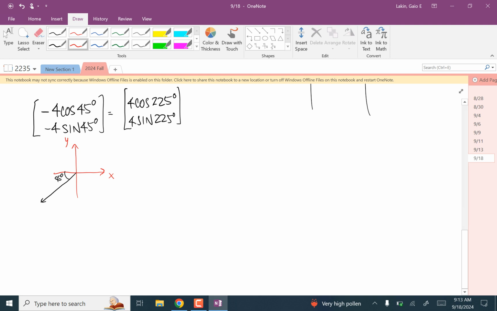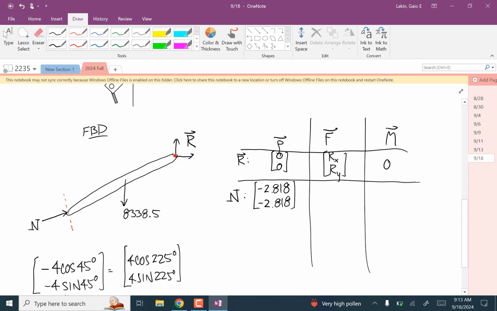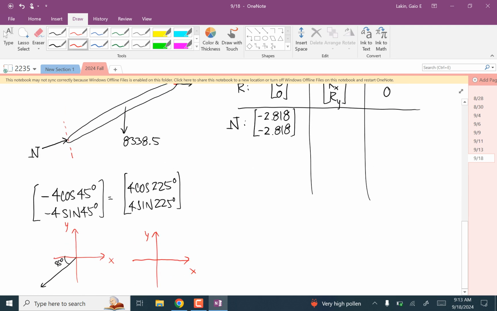So again, I'm going to draw my coordinate system. And we know that that slot, we're told that it makes an angle of 20 degrees with the vertical. Okay, so I'm going to draw a vector that's 20 degrees from the vertical. And now the force we want is 90 degrees from that.